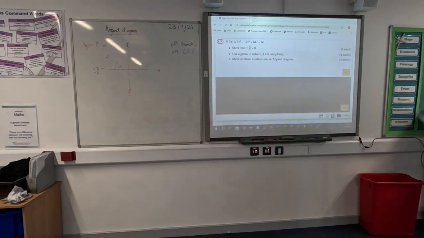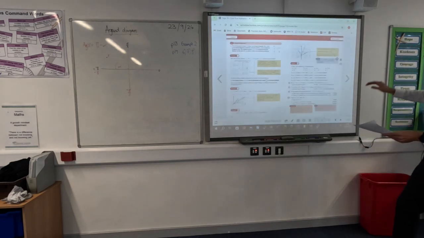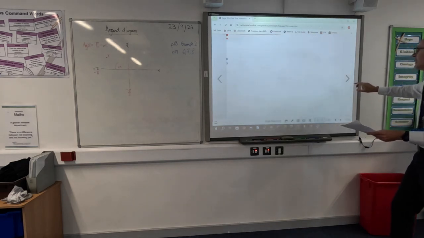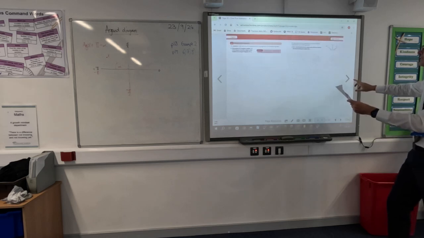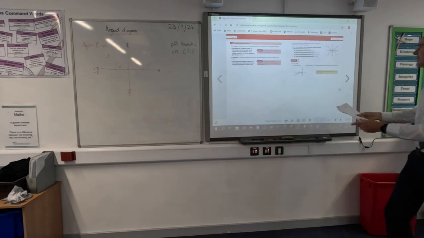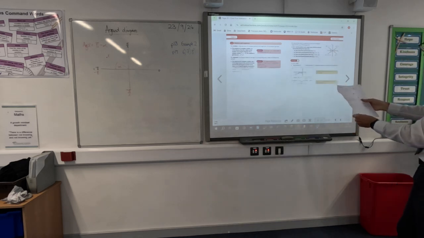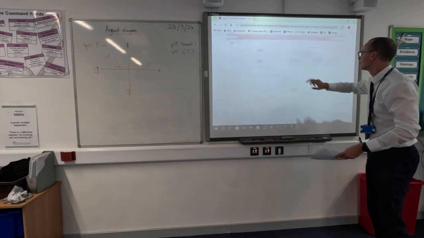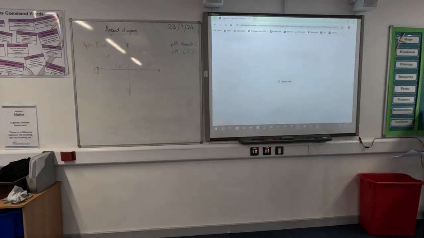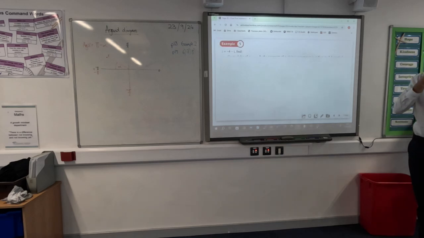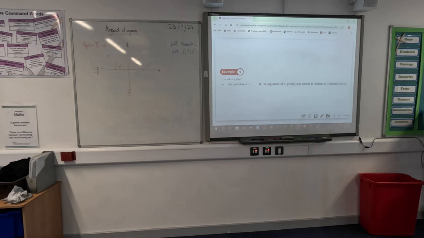So I'm on page 21. Example 5. Here we've got a complex number -4 minus i.